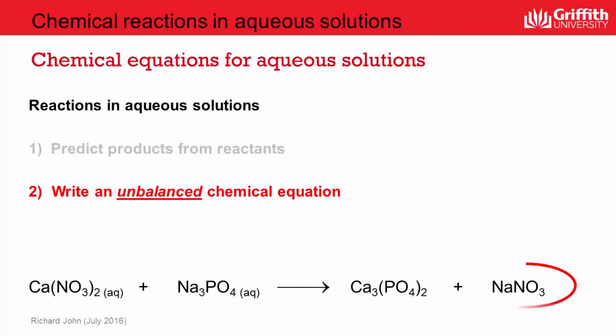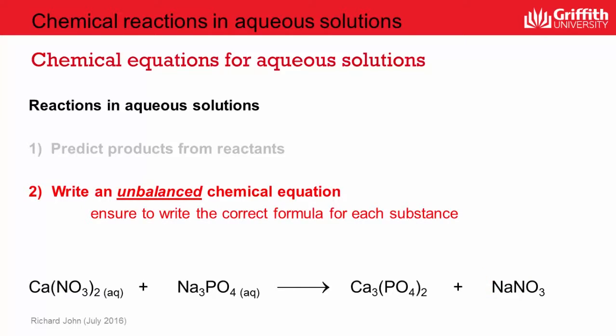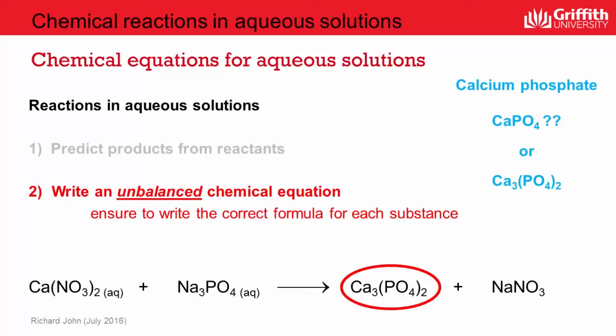and sodium nitrate. So when we write down the products of a chemical reaction, it's important to ensure that we get the correct chemical formula for each substance. So, for example, Ca3(PO4)2, is this the correct chemical formula for calcium phosphate? And we're going to have to ask ourselves this question every time we write down the chemical formula for a product.